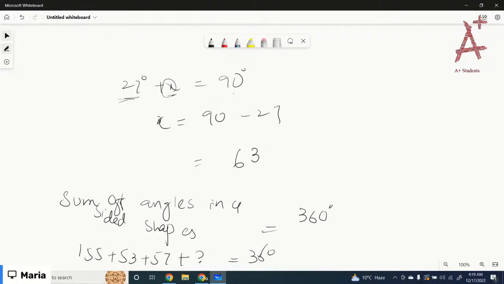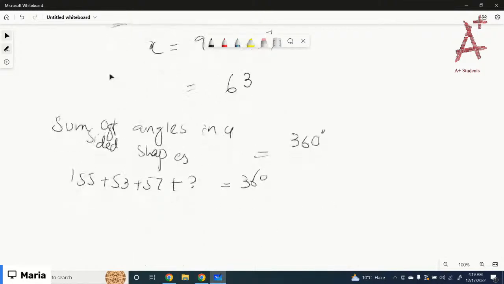Got it? So add the three given and subtract from the total. It would be 155 plus 53 plus 57. It is 265. Let's suppose the missing angle is x. So move 265 to the other side to find the missing angle.